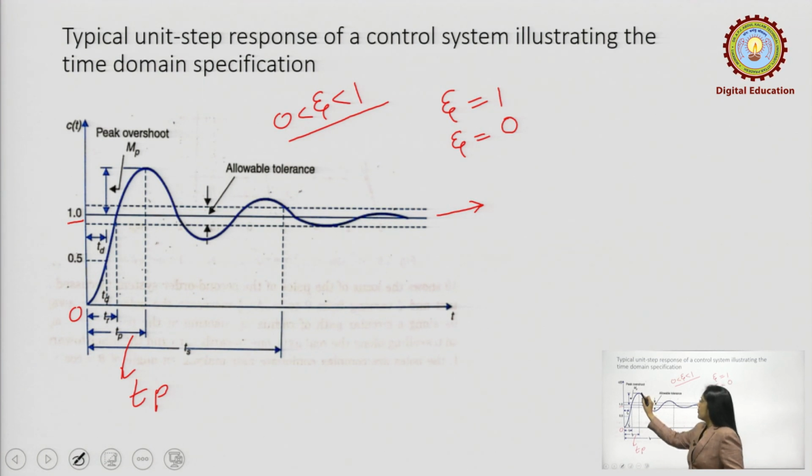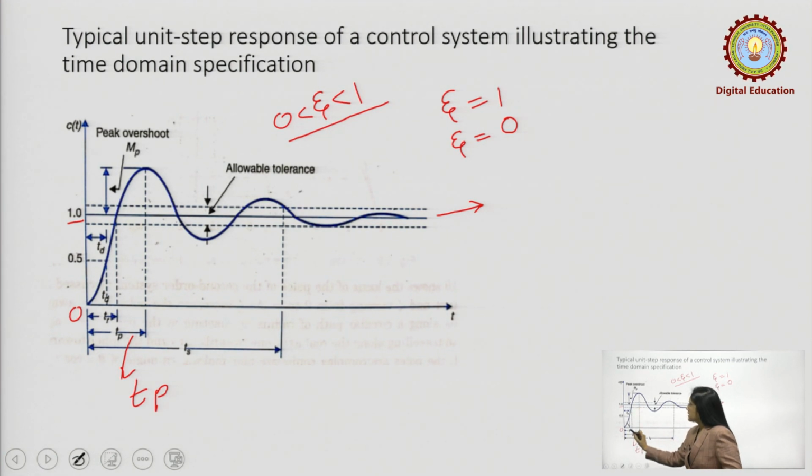The distance from the reference input 1 till M p, this first overshoot, is known as the peak overshoot, the maximum peak which the graph will attain. After that, the oscillations damp out. So, this value is the peak overshoot.